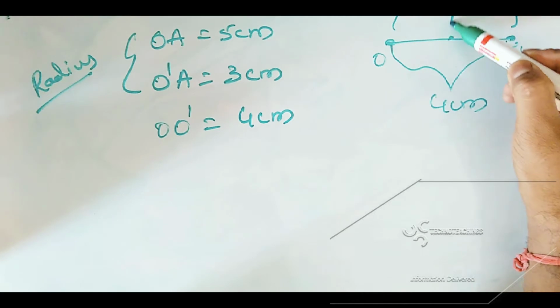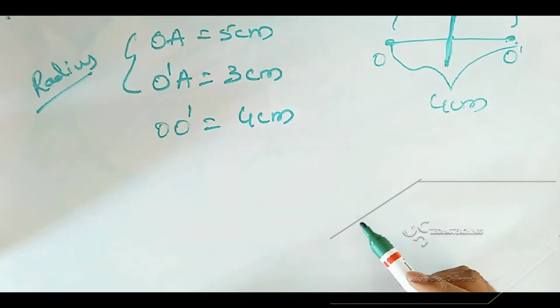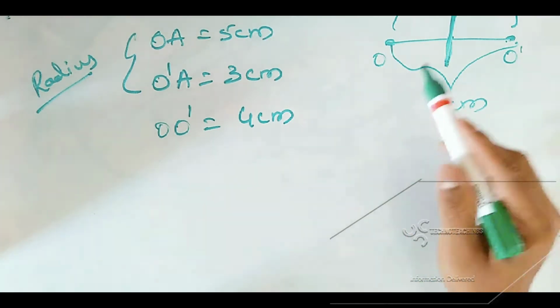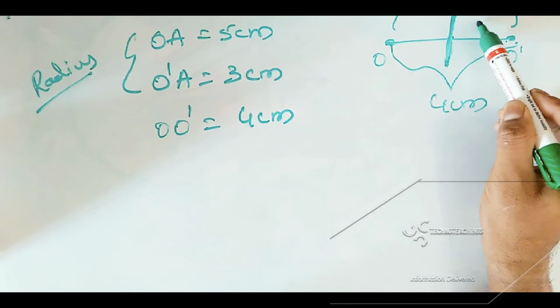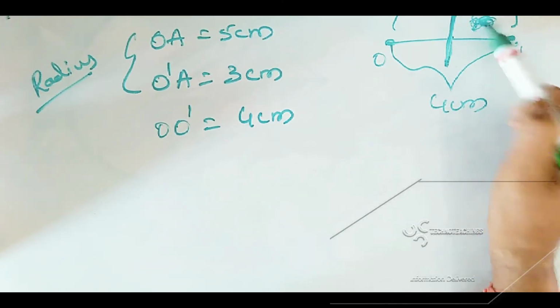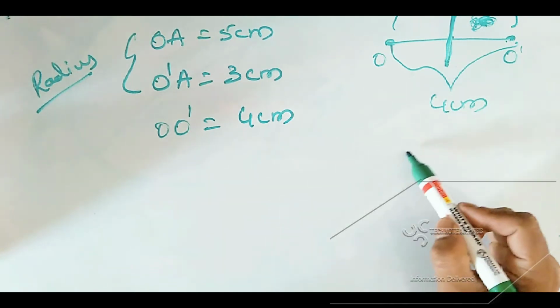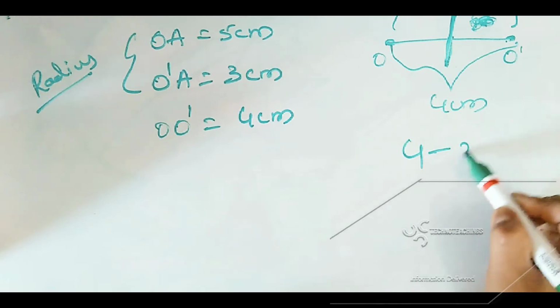what I'll do is I'll split this angle into 2 halves, and if I want this part value, the value of this will be something lesser than the total value.